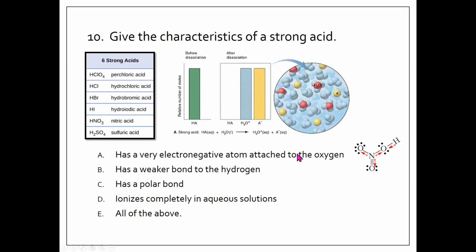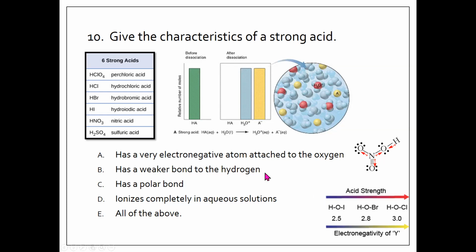But if we also look at the other options that they give us, it's going to have a weaker bond to the hydrogen. Because like in the HCl, the chlorine is very electronegative. It pulls most of the electron density towards the chlorine and really polarizes that bond. And so that weakens that hydrogen chloride bond. So you're more likely to lose the hydrogen as a proton.